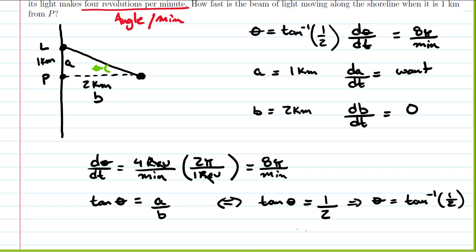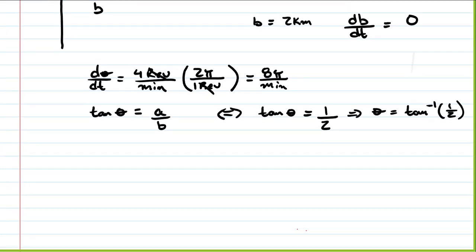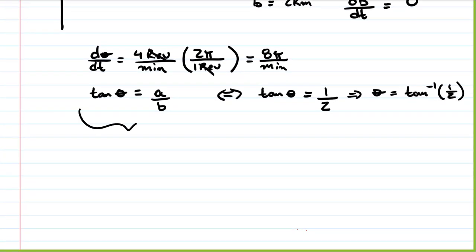So now we are finally ready to take our derivative. So what's our model? Well, this is our model, right? That's what relates our variables.